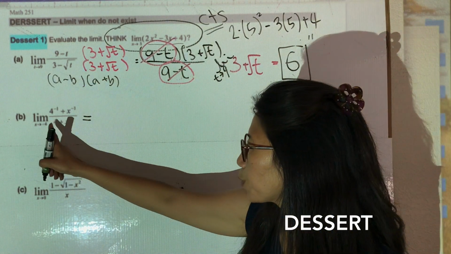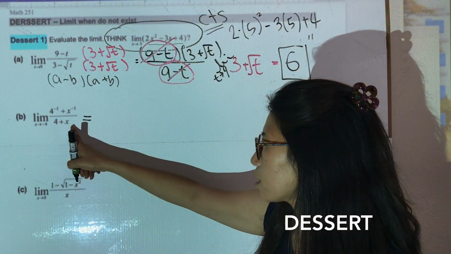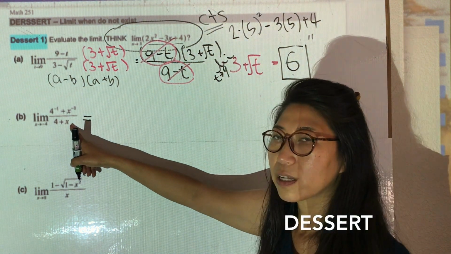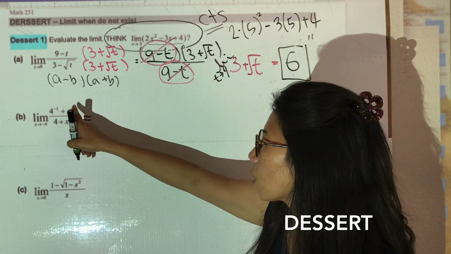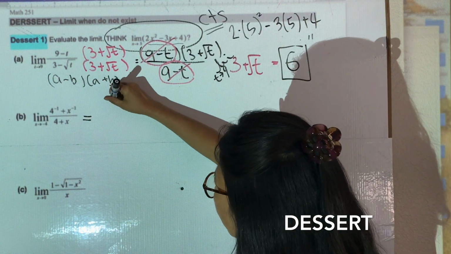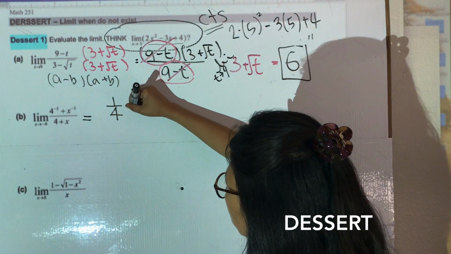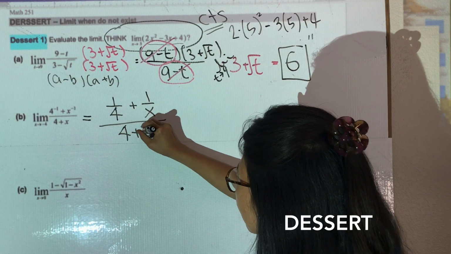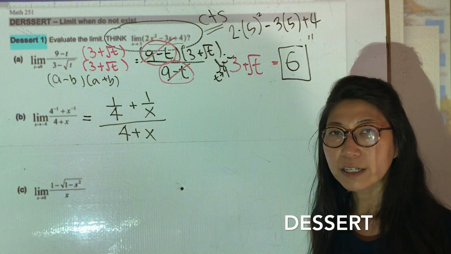Then how do we compute? When I look at negative 4, that will make the denominator 0. That's not gonna work. But probably I can rewrite these expressions. So I can rewrite as 1 over 4 plus 1 over x, over 4 minus x. Then what?